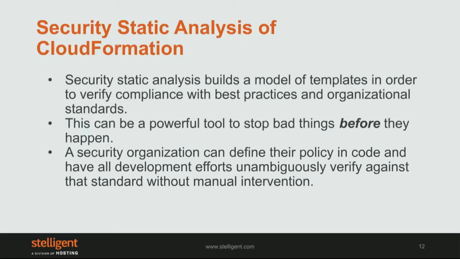We were unable to find any tools that would actually analyze the code and try to predict for you what the security weaknesses of that code might be if those resources were instantiated. So we went out and wrote a tool. There's a tool called CFN-NAG. It's an open source tool that we produced. Anyone can use it. And again, it does a security validation before creating resources, and really to stop bad things before they happen.